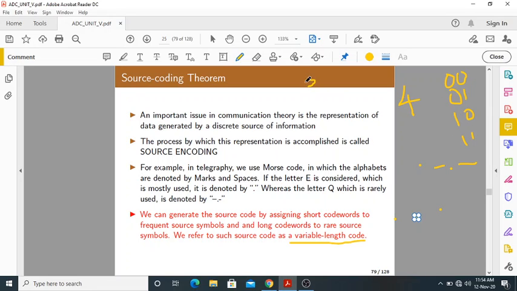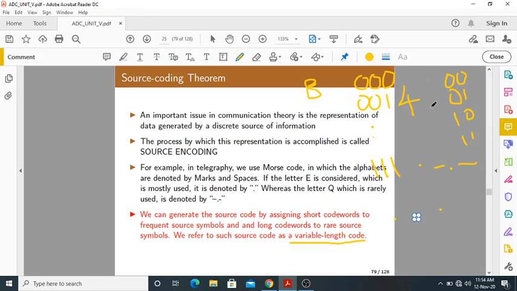Suppose you want 8 code words, what do you do? You use 3 bits in each symbol or in each code word: 000, 001, and so on, up to 111. Here, each and every symbol has only 2 bits. Here, each and every symbol has 3 bits.